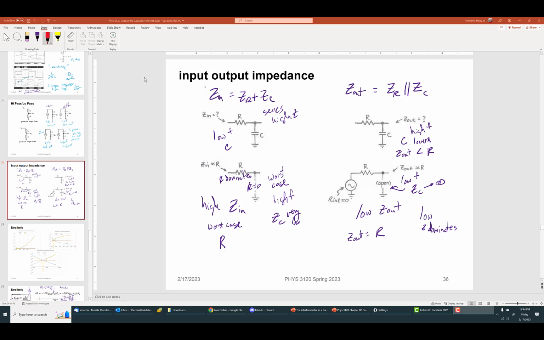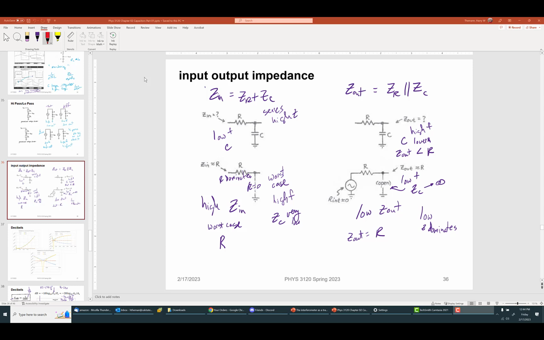Now, you want Z in to be as high as possible. And so we're trying to come up with, okay, what's a general purpose Z in? Any capacitor at low frequency has its highest resistance.